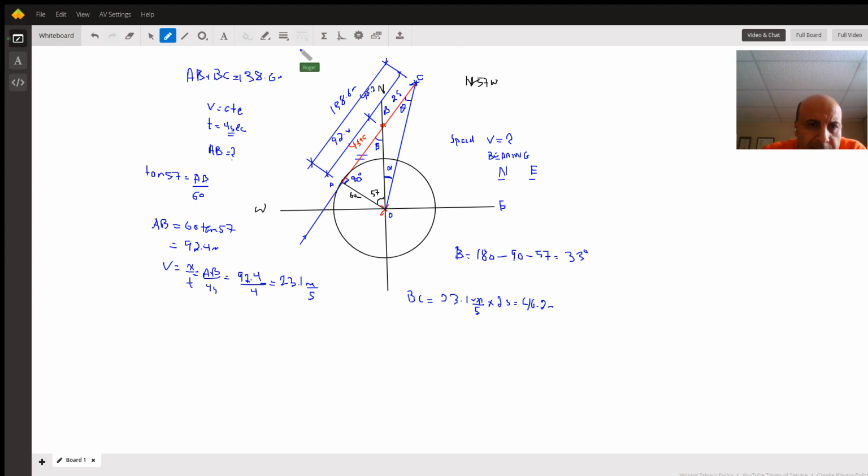Tangent theta is equal to 60 over 138.6. You get 0.433.